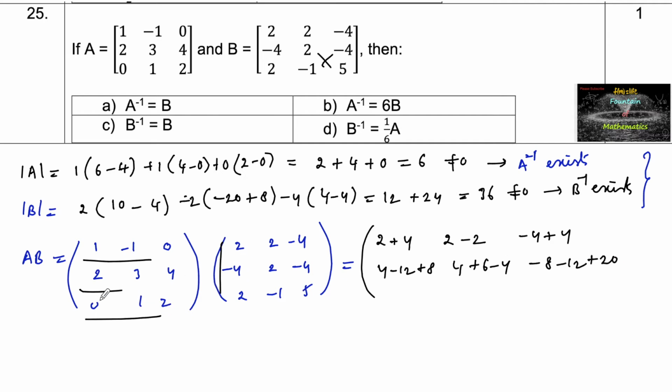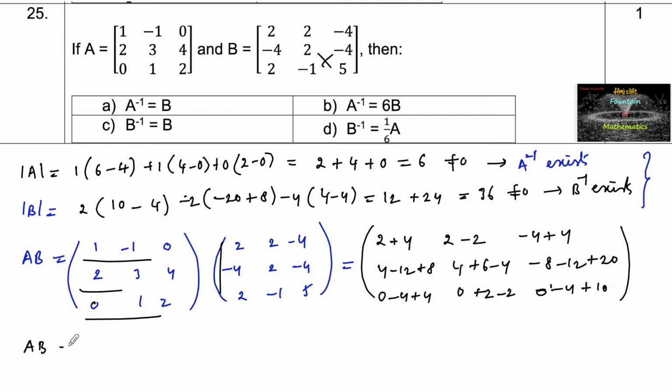Now third row with first column, 0 into 2 is 0, 1 into minus 4 is minus 4, plus 2 into 2 is 4, and third row with second column, 0 into 2 is 0, 1 into 2 is 2, and again 2 into minus 1 is minus 2. Now third row with the third column, 0 into minus 4 is 0, and 1 into minus 4 is minus 4, and 2 into 5 is plus 10.